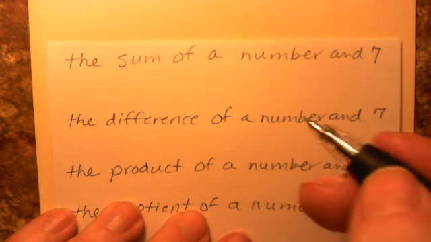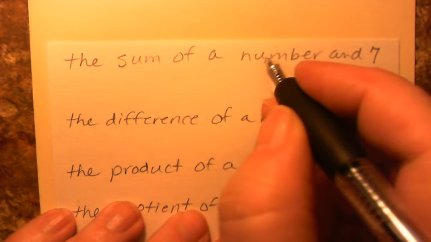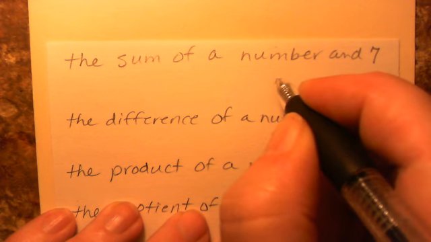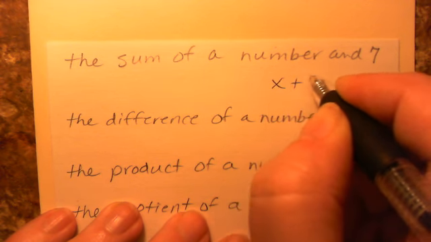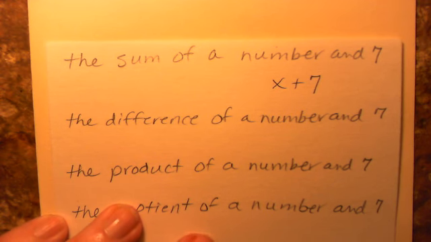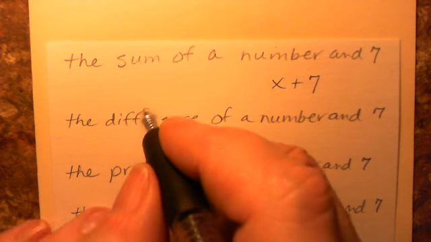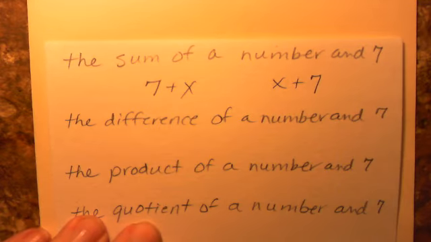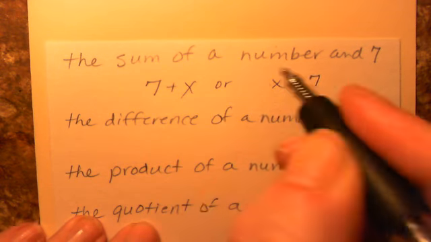We'll just use x for all of ours today. So the sum of a number and 7 means to add x and 7, so x plus 7 would be the correct translation. Because addition is the same in either order, we could also write 7 plus x. Either of those would be counted correct.